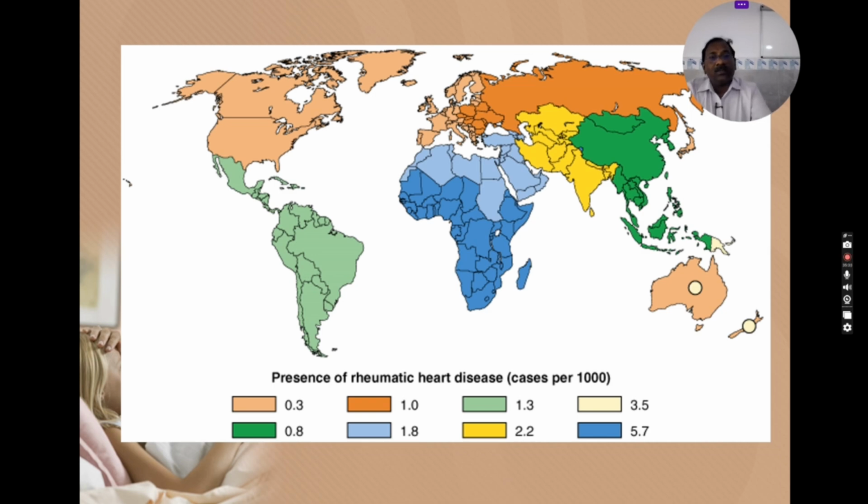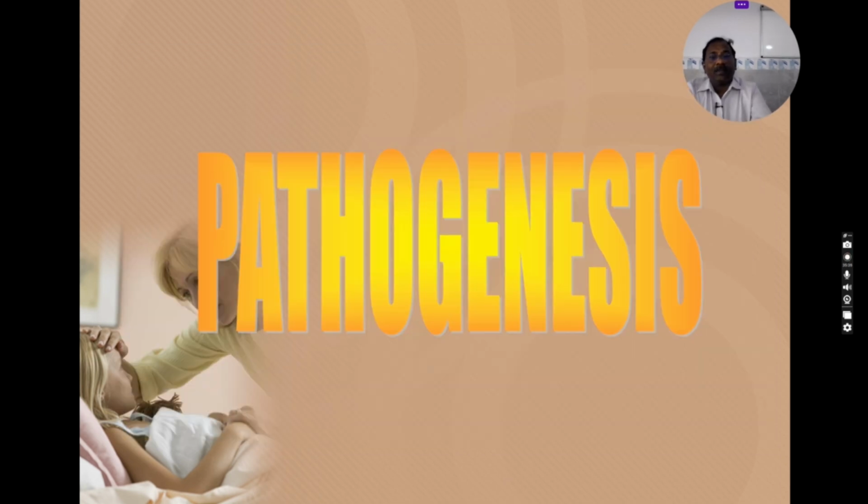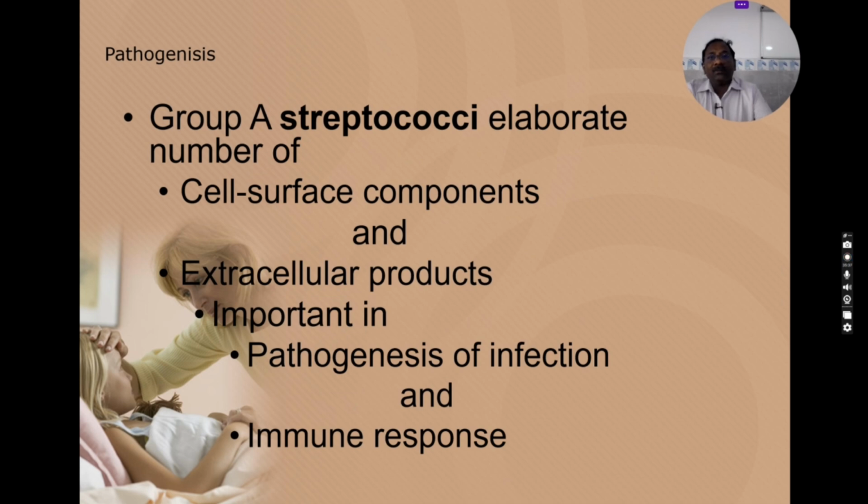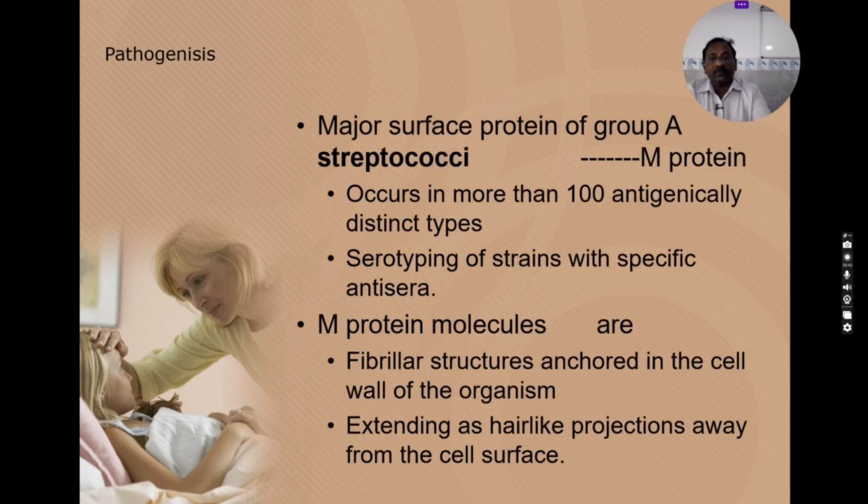It is 5.7 in South Africa. On pathogenesis: cell surface components and extracellular products. The major source of infection occurs in more than 100 antigenically distinct types, and strains are serotyped with specific antisera.